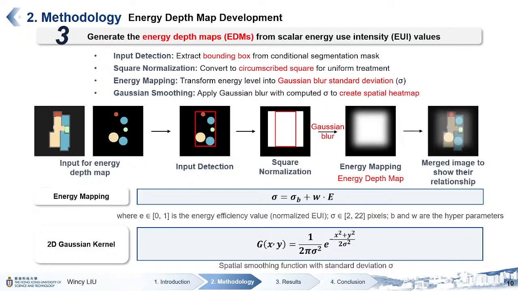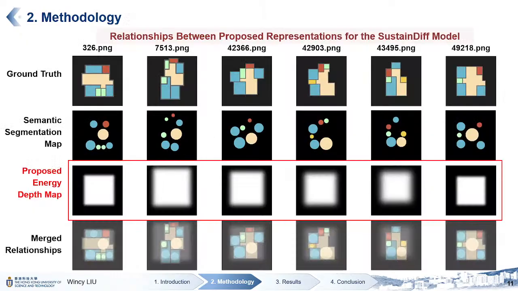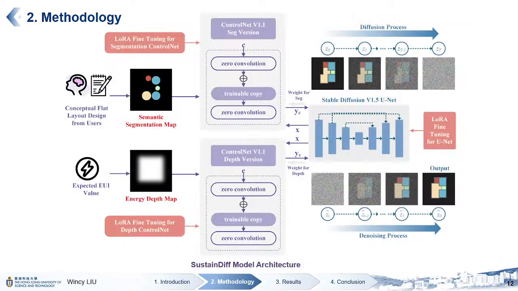So we can use only this figure to represent numerical control. And here is some visualization to show the relationships between the two inputs and the ground truth. We can see each room is conditioned with this circle, and the whole energy depth map will control the whole layout. And here is the model architecture.